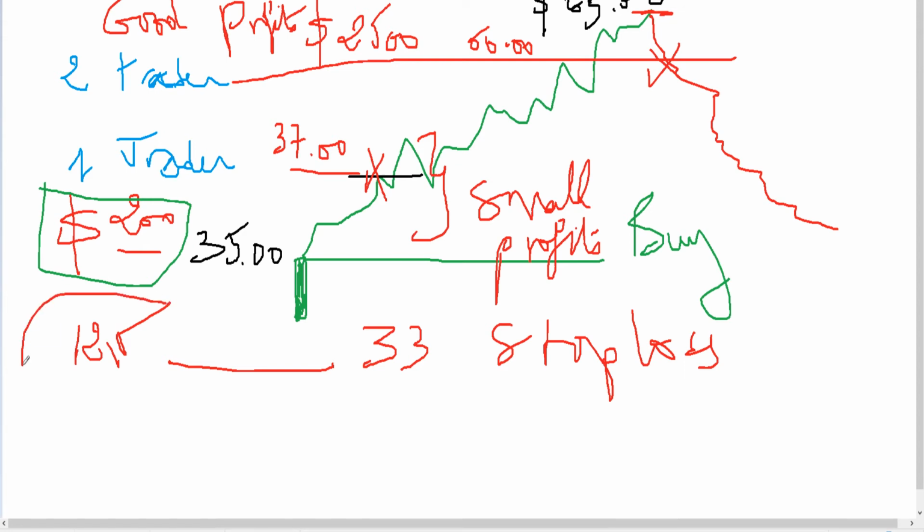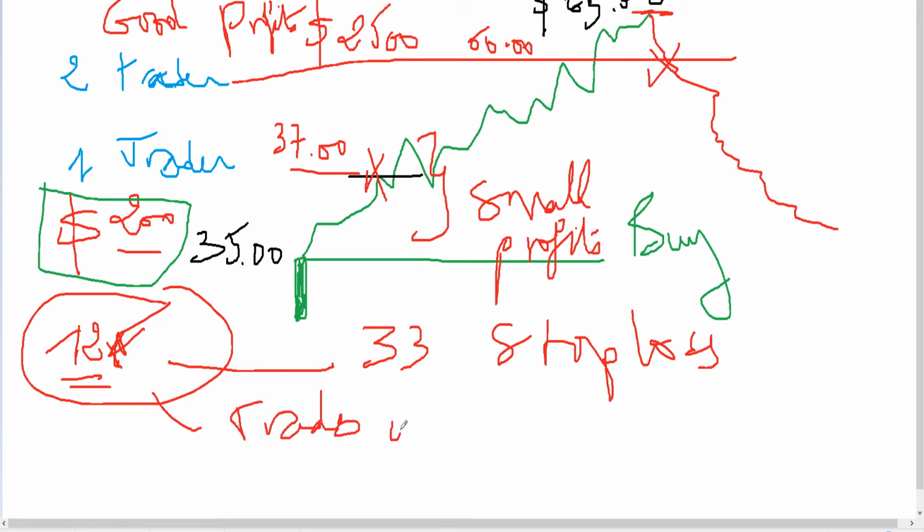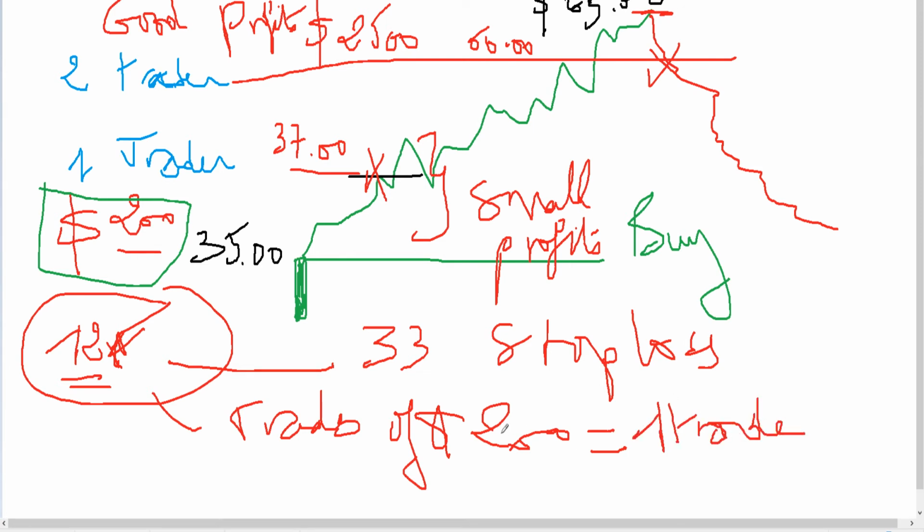It means that in general you should do 12 trades of $200. Let's say the last one is 250. You should do 12 trades of $200 in order to reach one trade of the other good guy. Do you see here the difference between $2,500 in one trade and $200 in one trade?